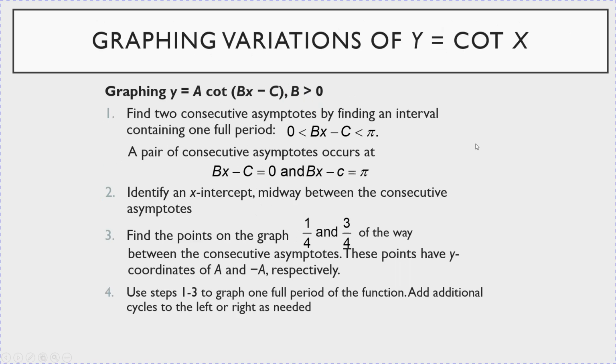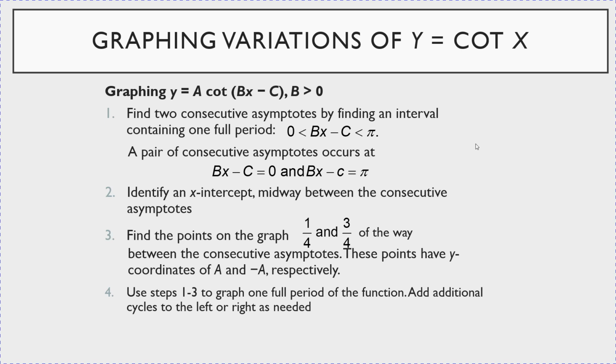All right, so here's how we're going to do it. We're going to talk about how you're going to graph y is equal to a times cotangent of bx minus c, when b is greater than 0. So just like we did with tangent, the most important thing you're going to do is find 2 consecutive asymptotes.